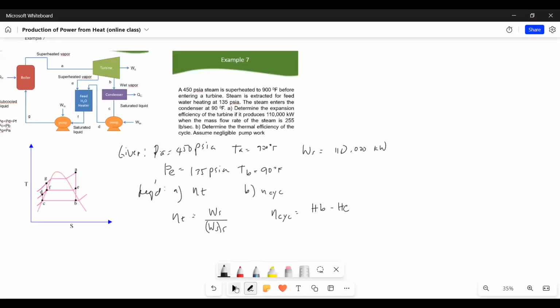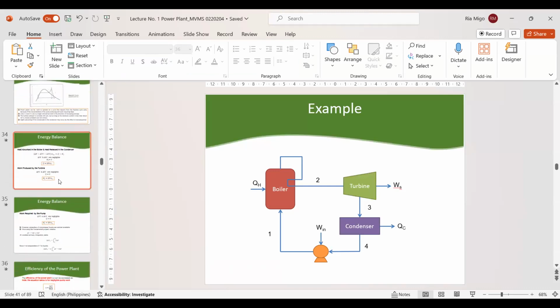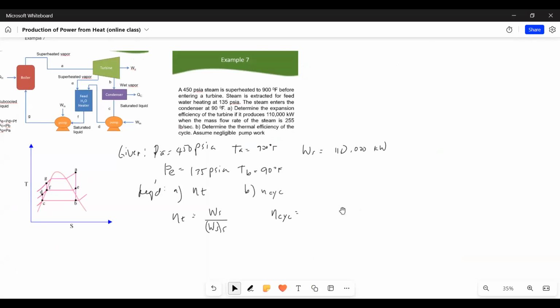Erase. We'll just use the given actual work. So remember, we also have that equation for the thermal efficiency of the cycle. Let me go back to the equation. This one. So let's just use the actual work because we are given the actual work for this problem. So we only need to find QH. So this is for the negligible pump work. So let's just use the equation for that: work shaft over QH.